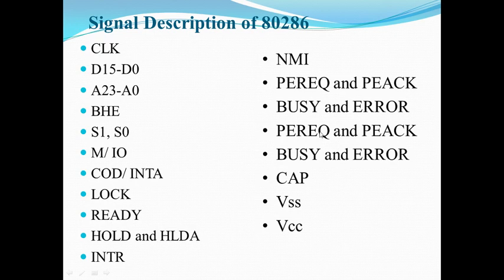In the figure these got repeated: busy, error, and processor extension request and acknowledgement. Sorry for this. So here a total of 68 pins are there, and in the explanation we have covered this. I hope you understand with this.